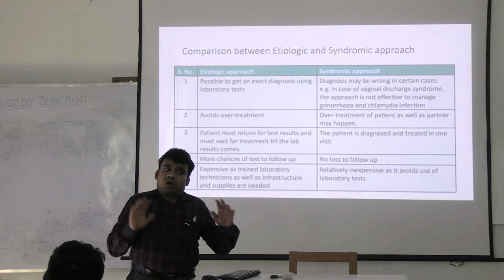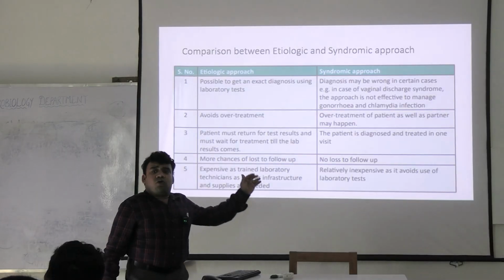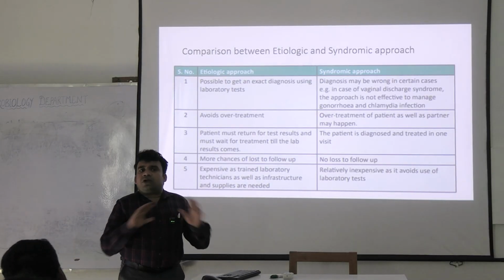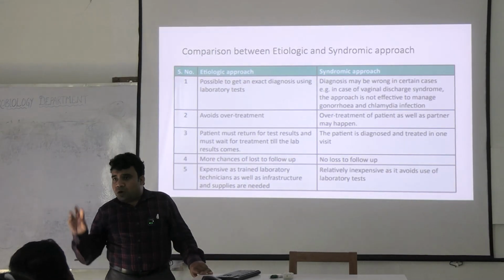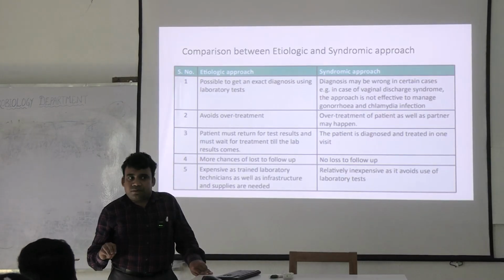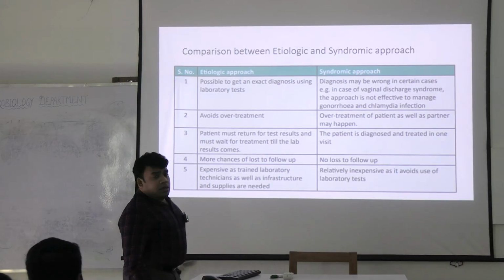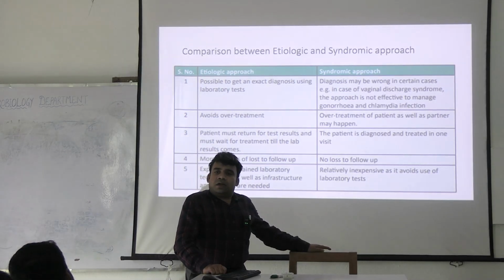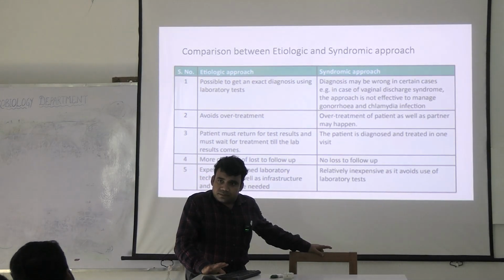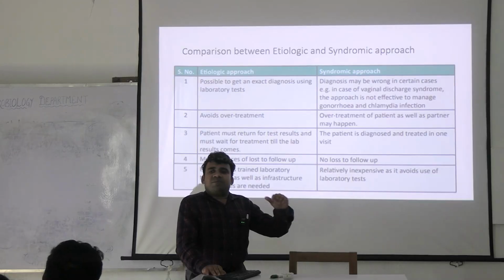Understood? But over here, we are trying to go syndrome-wise. We are not concerned about what is the exact etiology. Why is that? Because many a time a diagnosis that can be achieved depends on time and place.